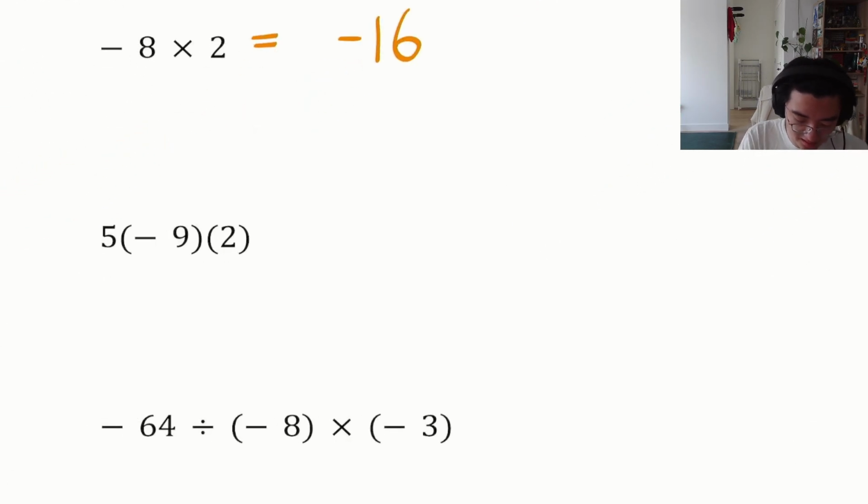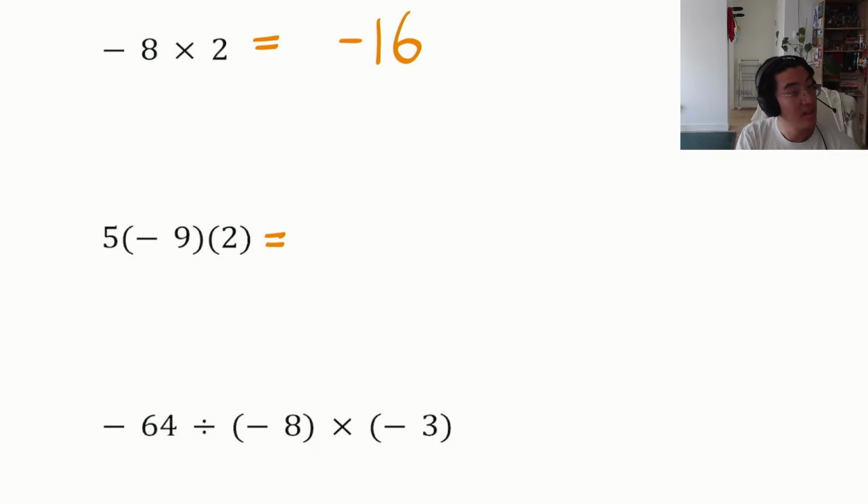Here are a few more grouped together. First we have 5 times negative 9. We always go from left to right. 5 times 9 is 45, and because we have a single negative sign and a positive number, it's a negative number.